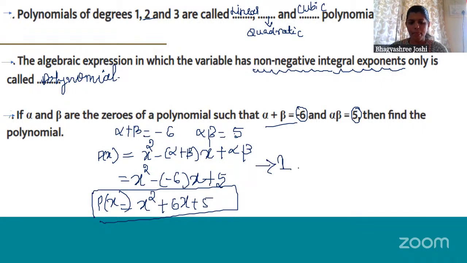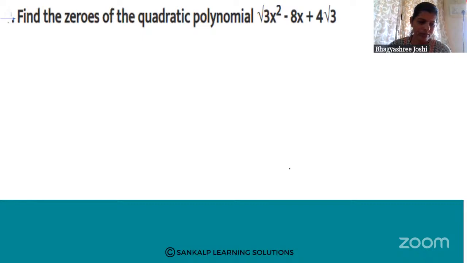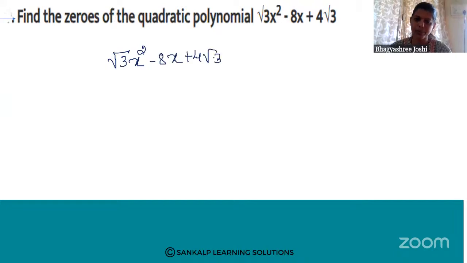Now find the zeros of the quadratic polynomial root 3x square minus 8x plus 4 root 3. What we want is the zeros, so in order to get the zeros, we are using the factorization method.